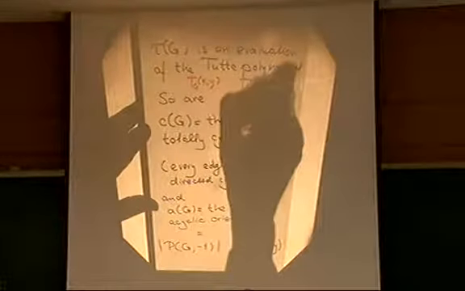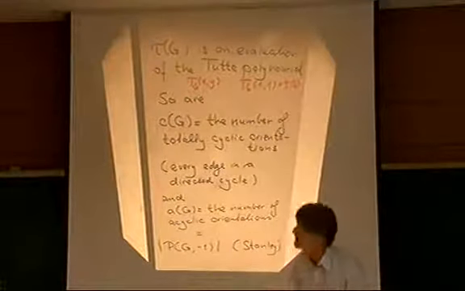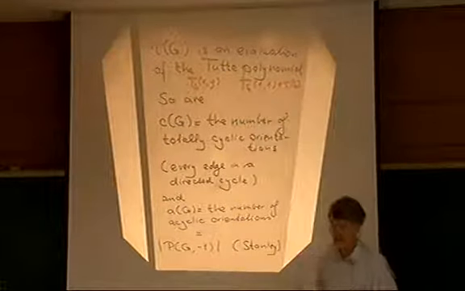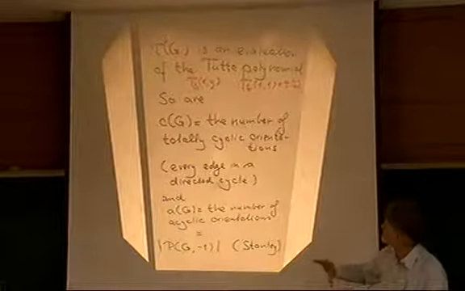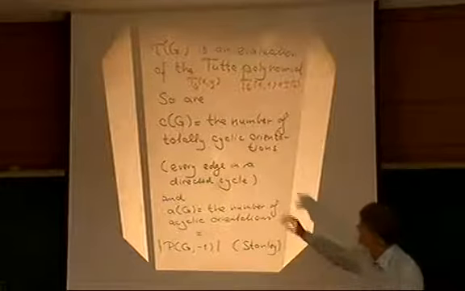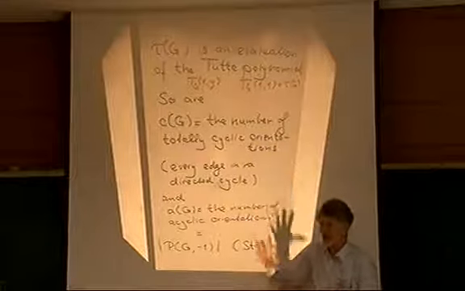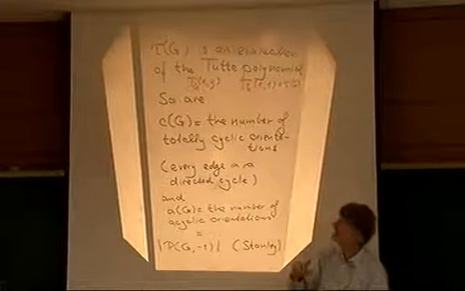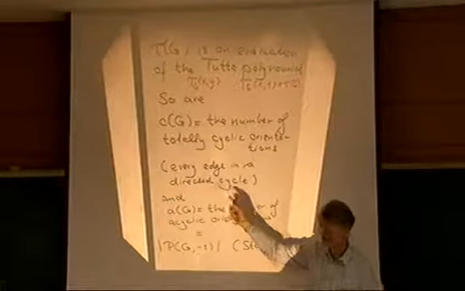And if you put x and y equal to 1, 1, you get the number of spanning trees. So the number of spanning trees can be gotten from this very general polynomial. There are other interesting numbers which can be gotten from this, namely the number of totally cyclic orientations. You have a graph, an undirected graph. You put a direction on every edge in such a way that every edge is in a directed cycle.